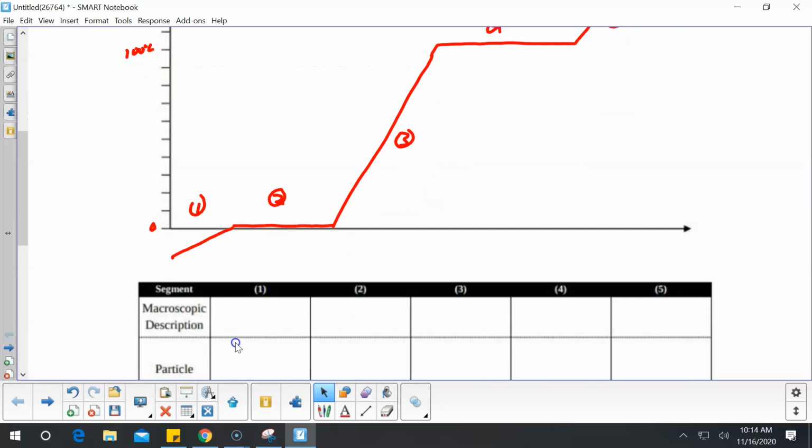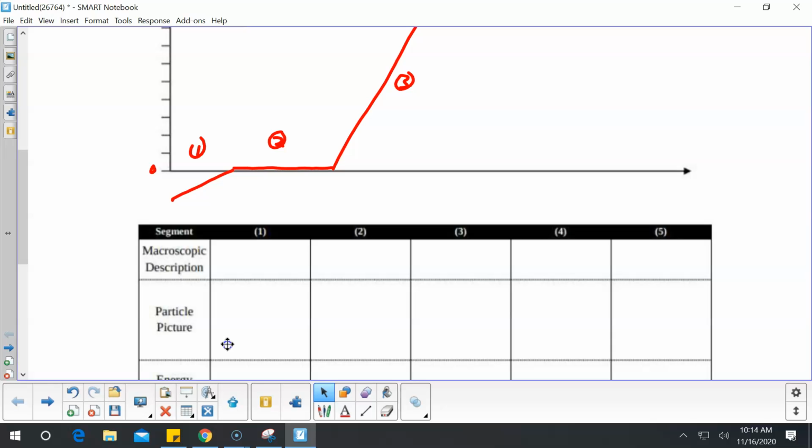Looking at these segments, we want a microscopic description for each one of them. At the first part, I have ice, and it is frozen and fused together. Wait a minute, let me do that again. Here's my picture, frozen together.